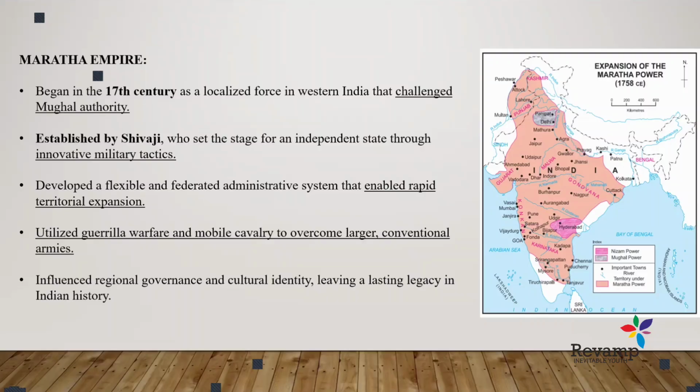During his reign, the Maratha administration was flexible and federative, which enabled rapid territorial expansion. As seen in the map given in the presentation, after the decline of the Mughal Empire, the Marathas had very rapid territorial growth. They had well-versed military tactics, including guerrilla warfare.